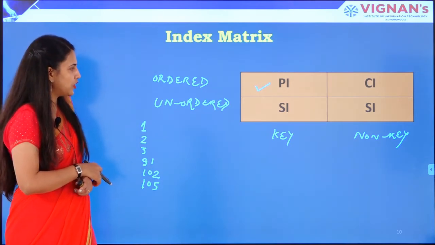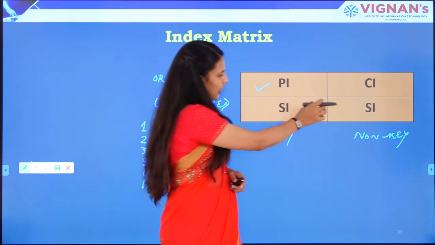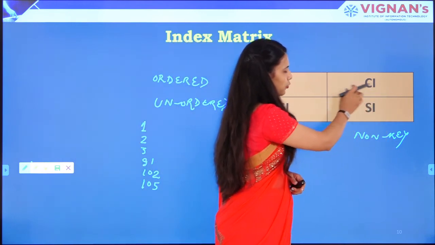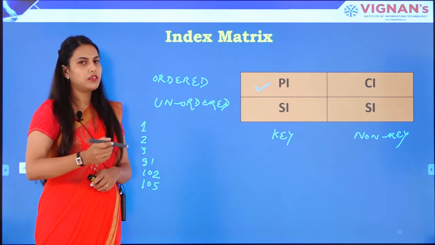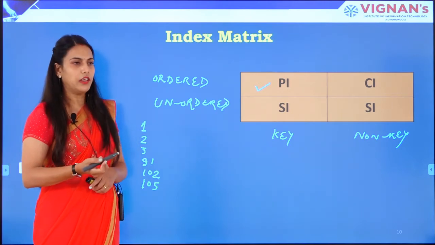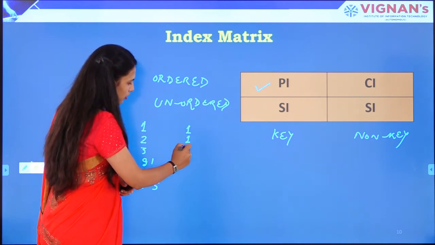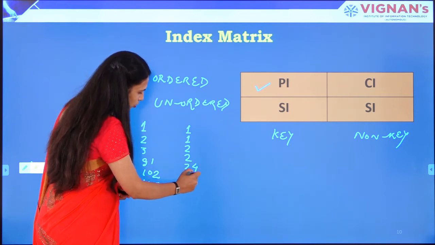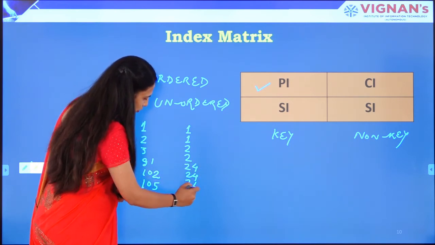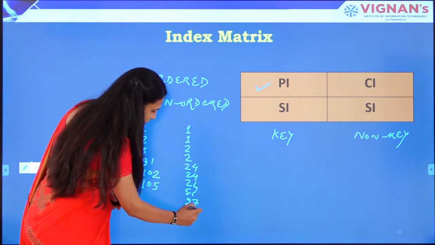In the second situation, when the data is ordered and the data is having non-key values, that means the data is sorted, but the data is not having unique values. For example, 1, 1, 2, 2, 24, 24, 24, 56, 97, 97.